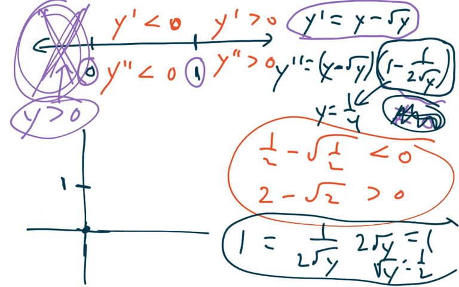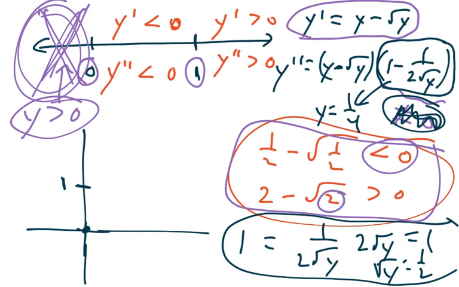And if I plug in, you can see the work right here in red and purple, let's say 1/2, that's less than 1, I get a value less than 0. If I plug in a value bigger than 1, like 2, 2 minus square root of 2, of course, is positive.